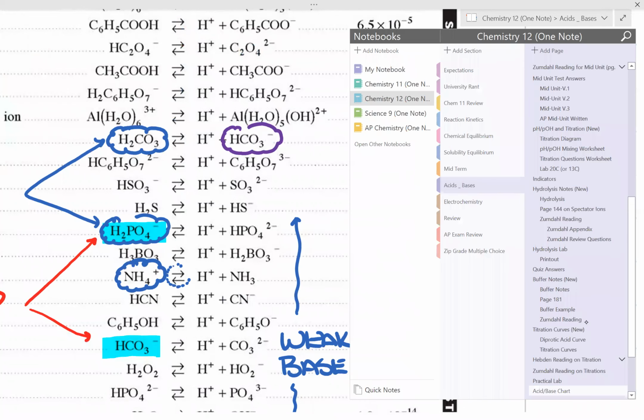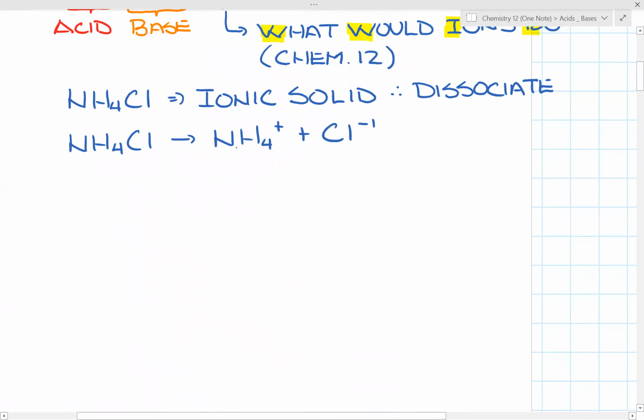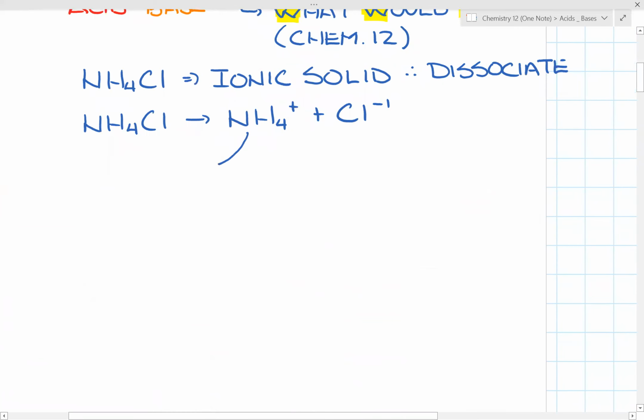So in this particular case, if we were to take a look at the hydrolysis, you have NH4 plus on the left side at equilibrium.